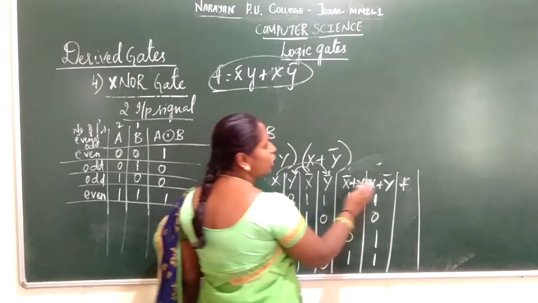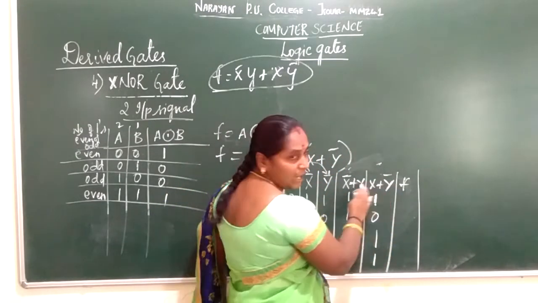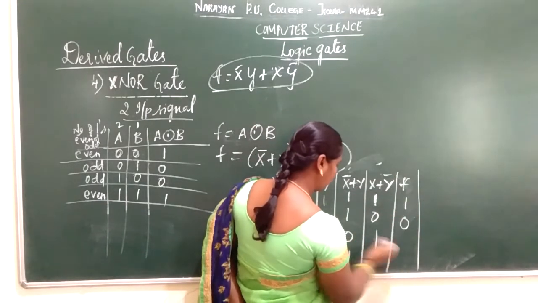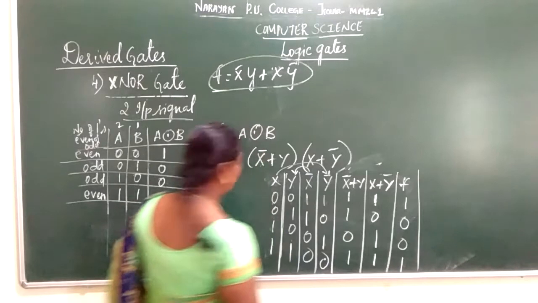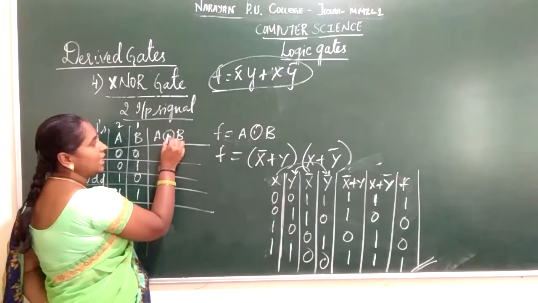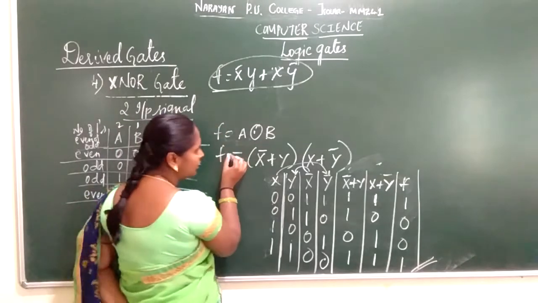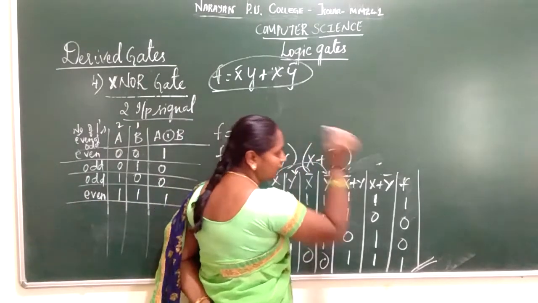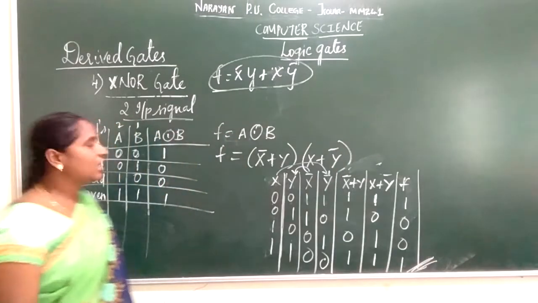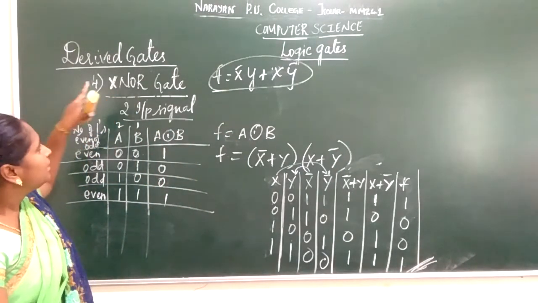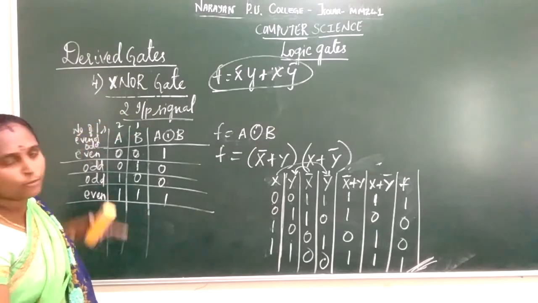Now you do a logical AND operation between these two, giving 1 0 0 1. So we have proved that A XNOR B equals (x bar plus y) into (x plus y bar). This is how we prove it with the help of the XOR gate. Next we are going to see a 3 input signal.